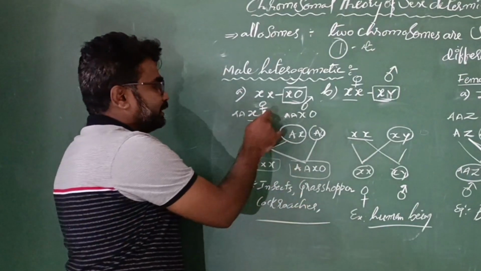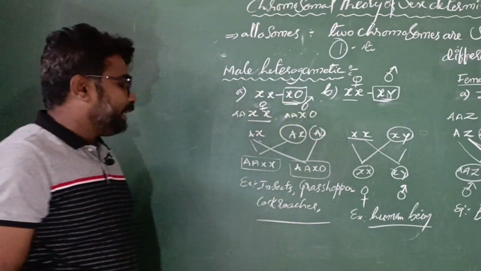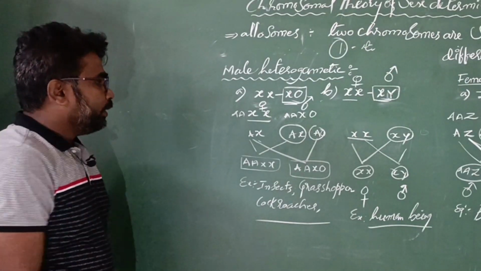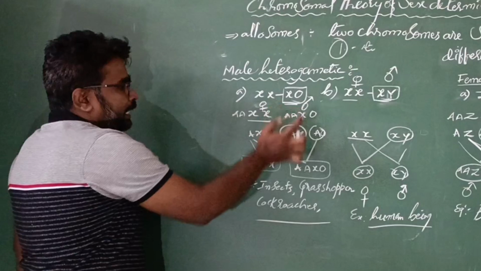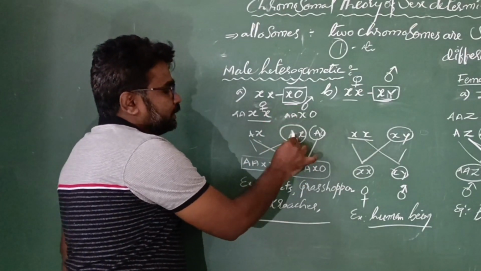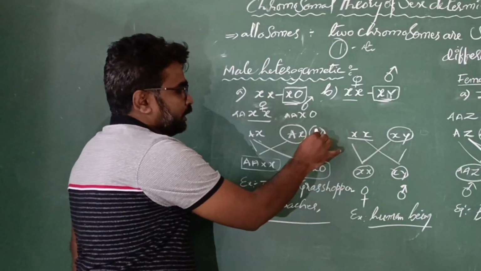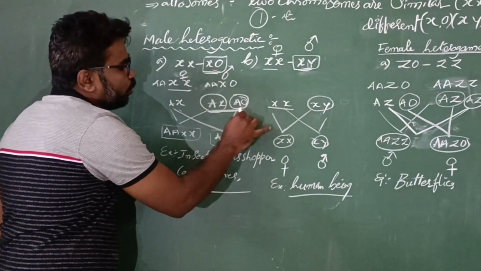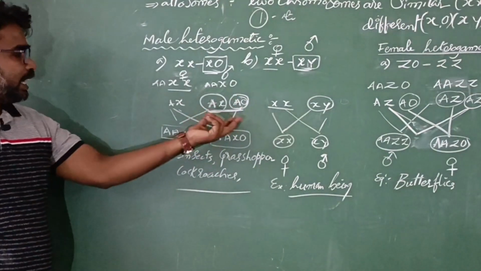XX, XO, we can see in insects. Look here, the male gamete produces A, meaning this is autosomes. Okay, this is autosomes, here A. Here two different types of gametes are produced.